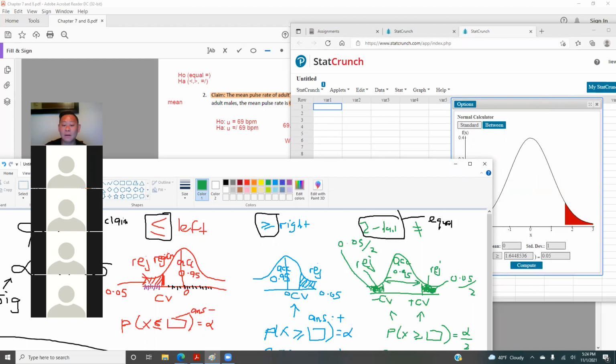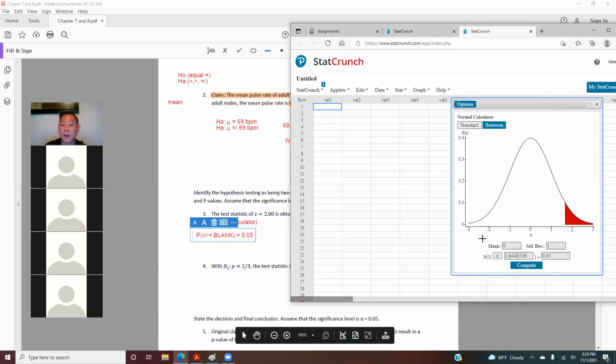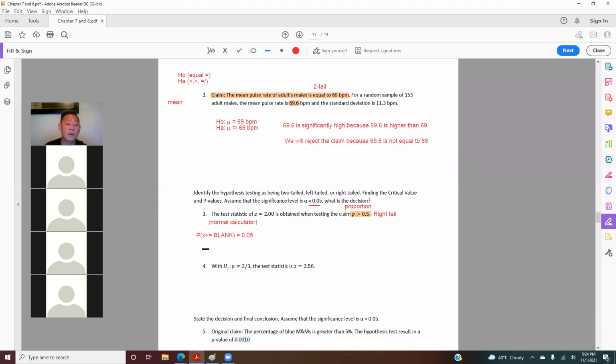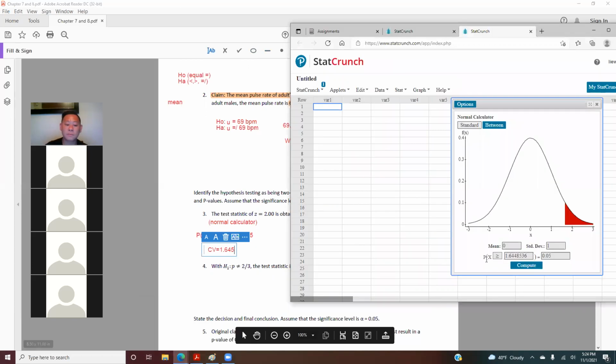So your answer is here. The critical value in this case is what? 1.645. So this is the critical value, the blank that you figured out. Anyone? Questions?